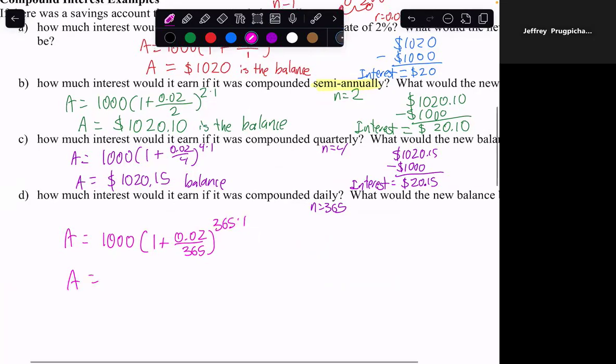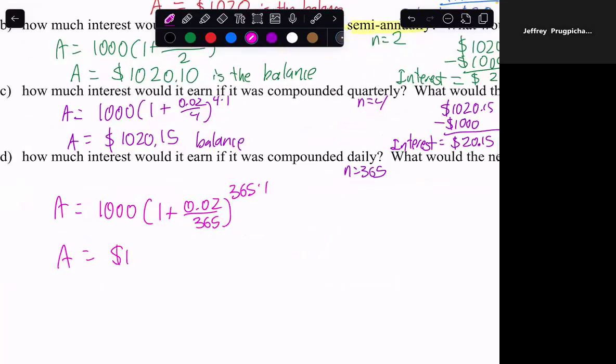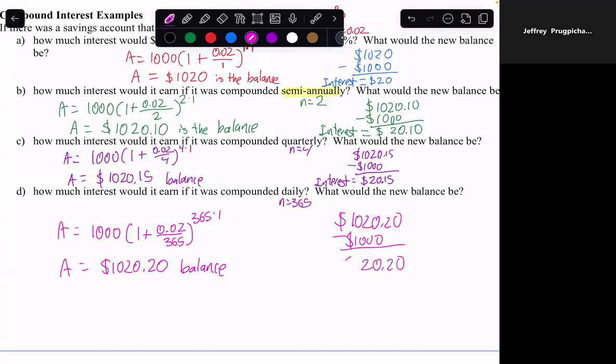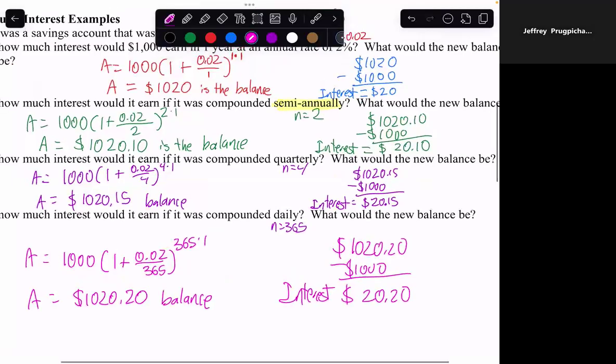Okay, so when we calculate this, we get $1,020.20. Okay, so the interest gained is $20.20. Okay, so you can see that the more often you compound, the more the interest. But with this particular set of numbers, the difference is not that big.